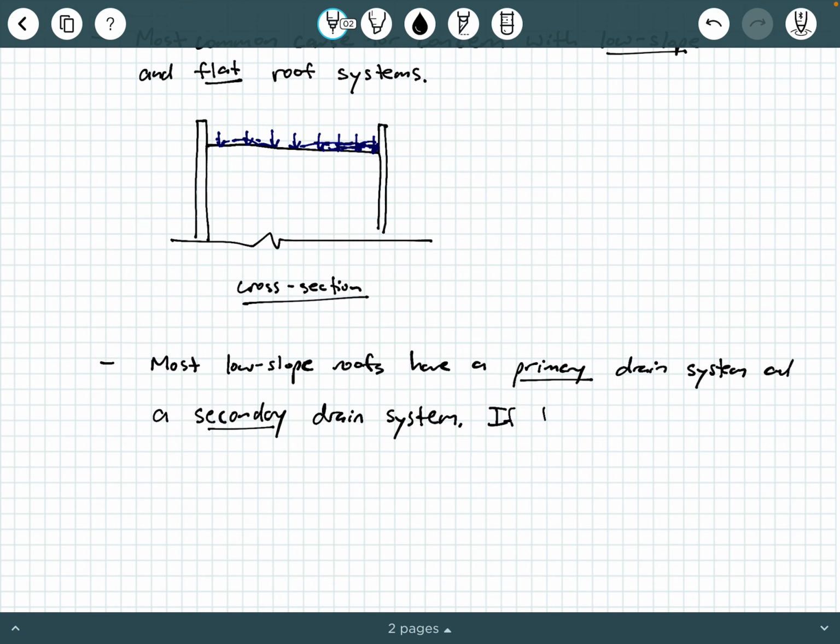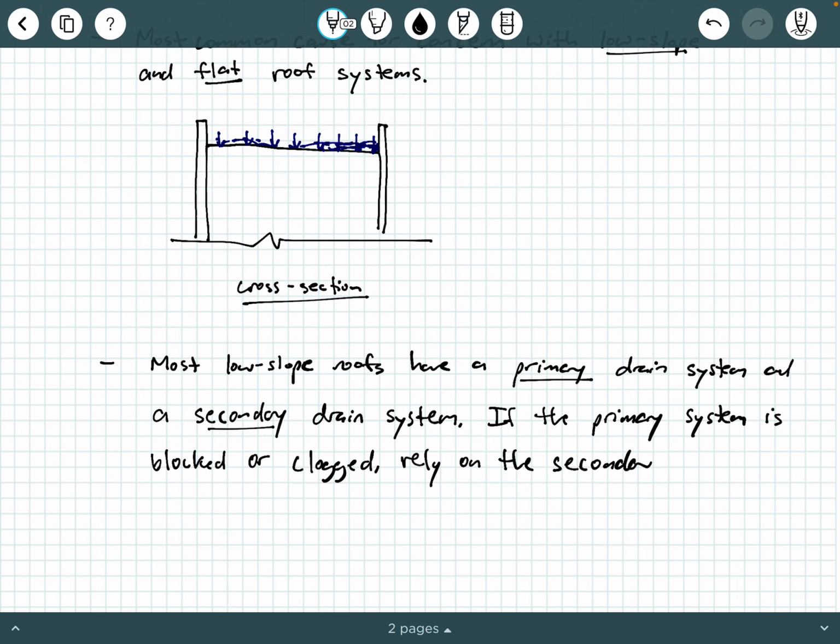If the primary system is blocked or clogged, we rely on the secondary system to drain the water off the roof.